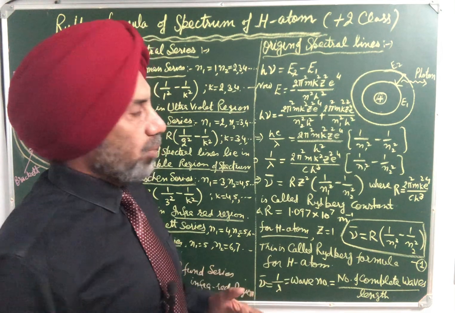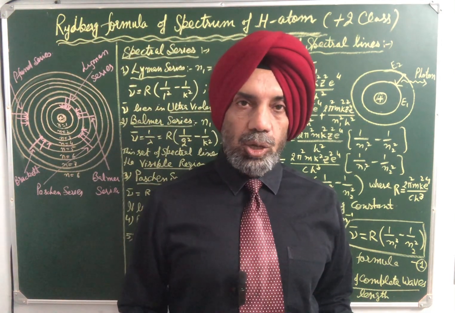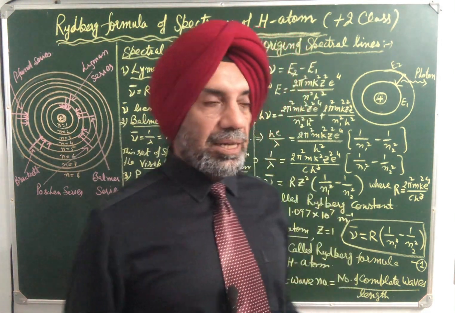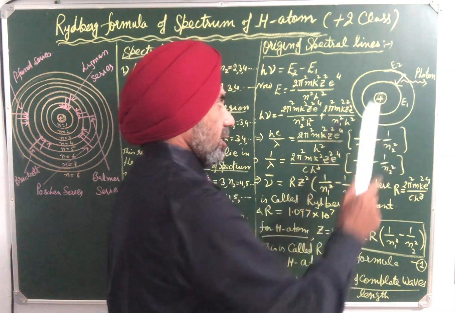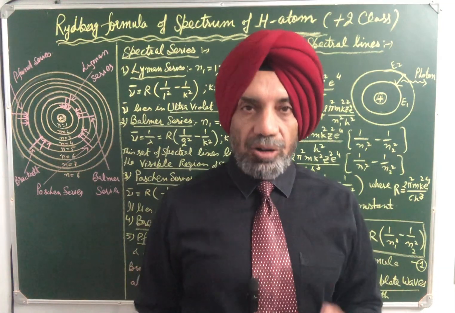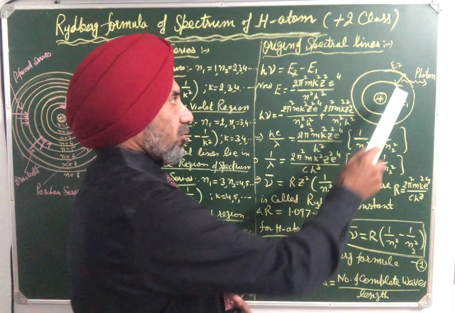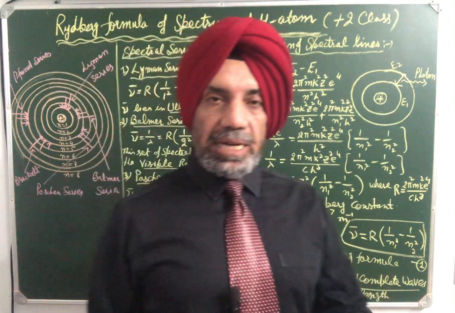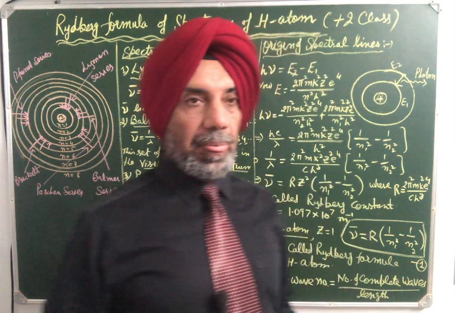And the atom is said to be in the excited state. So when the atom is in the excited state, then it may come to the minimum energy state or ground state when the electron jumps from the excited state to the lower energy state.